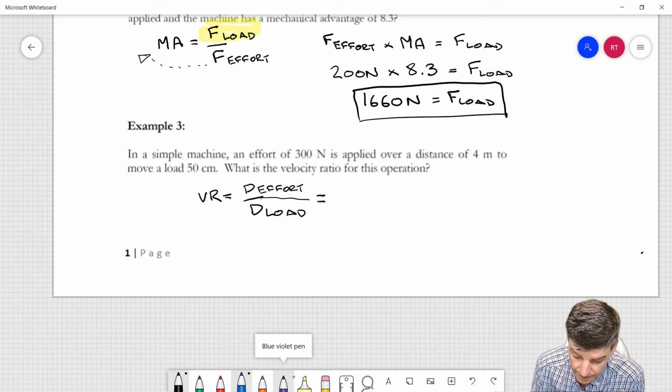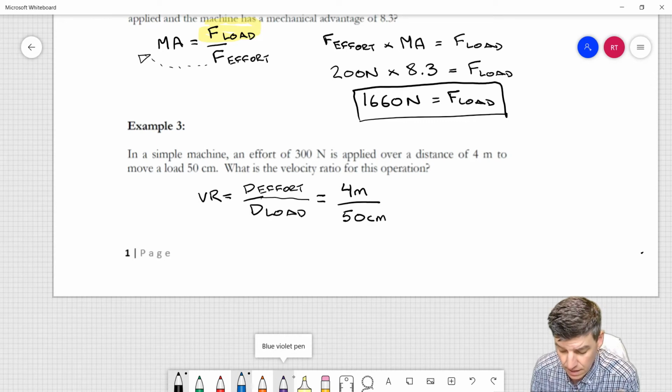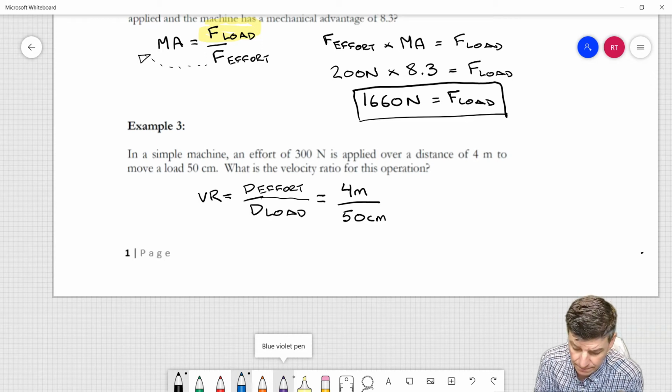Okay, so my effort is going to be 4 meters, and my load is going to be 50 centimeters. Okay. I have a problem with my units. They need to be compatible. All right, so 50 centimeters, 4 meters. I'm not going to end up with units that cancel out. So what I'd like to do is be a little bit more considerate with my units.